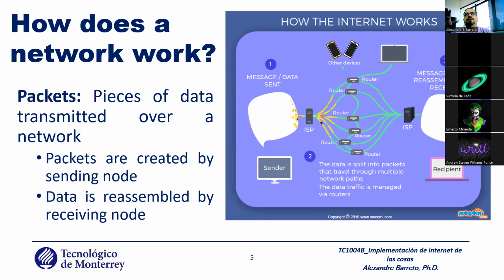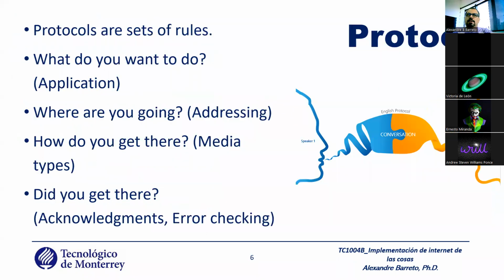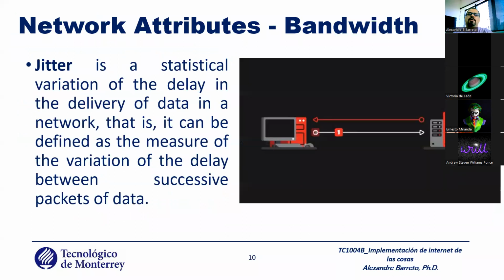You break the message into packets and the packets can go through multiple paths. In part of this path, you can have congestion, for example, a lot of packets, and you increase the time to process the packet.